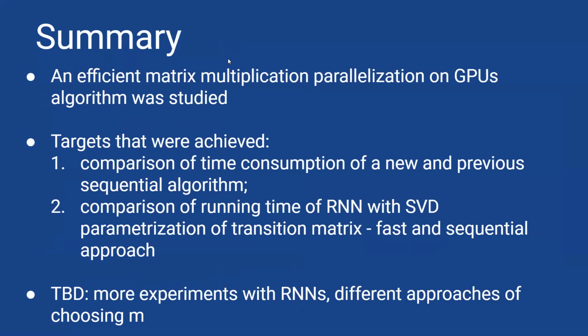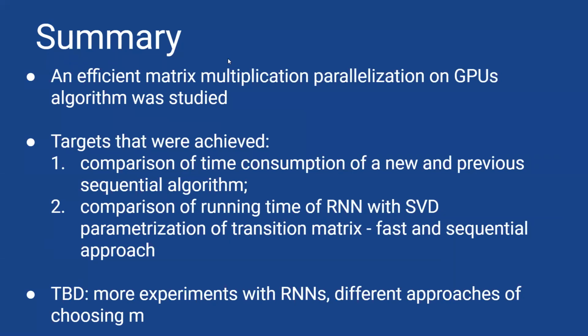In summary, we have studied an efficient matrix multiplication parameterization that can be implemented effectively on GPUs. We compared the time consumption of the FastH algorithm and other algorithms, for both forward pass and backward pass.